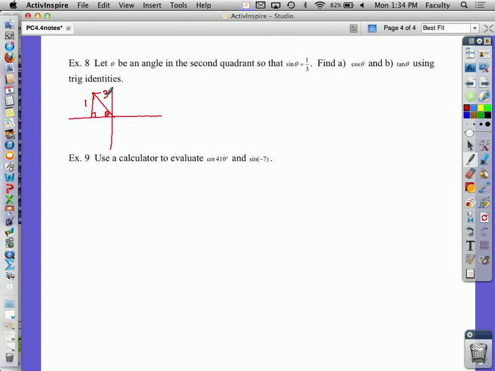So isn't that square root 8? But we would never leave square root 8. We're going to simplify it. And then since I'm moving left, it's a negative. So cosine theta, so TOA would be negative 2 radical 2 over 3.